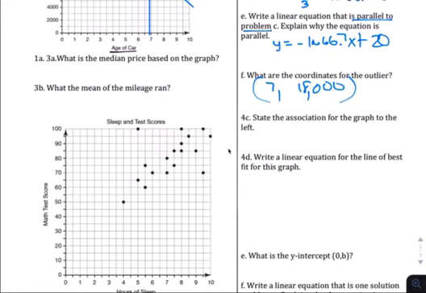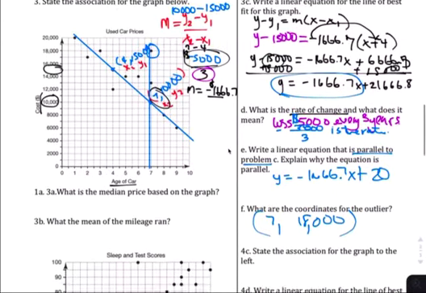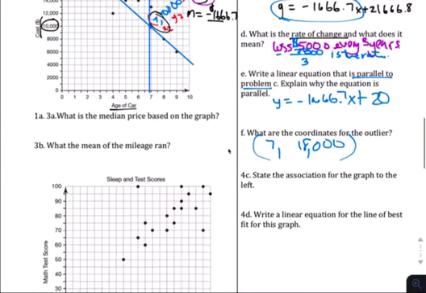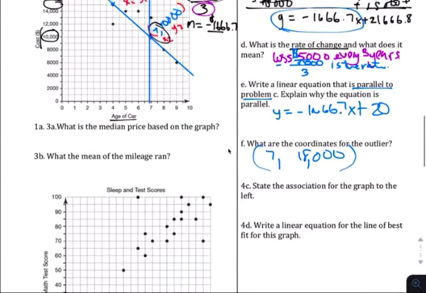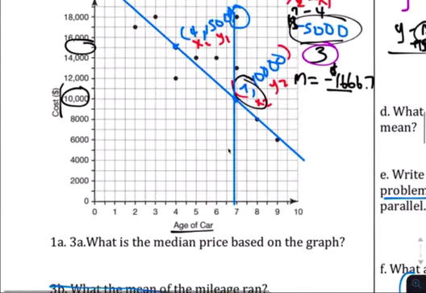Okay. State the association. Did we do that? Oh, that's this one. Some classes we finish. Okay. Let's not do the mean. Just do the median. Too much, right?